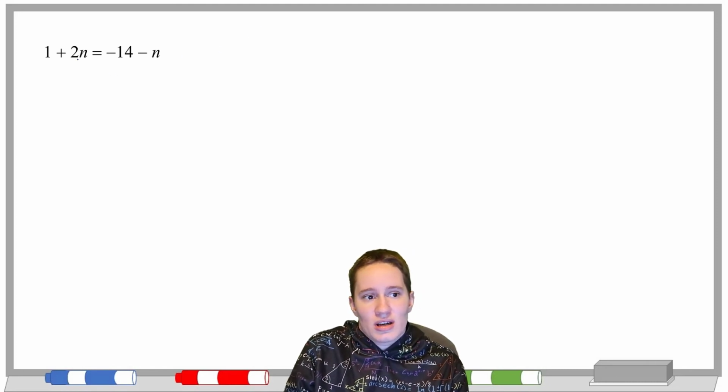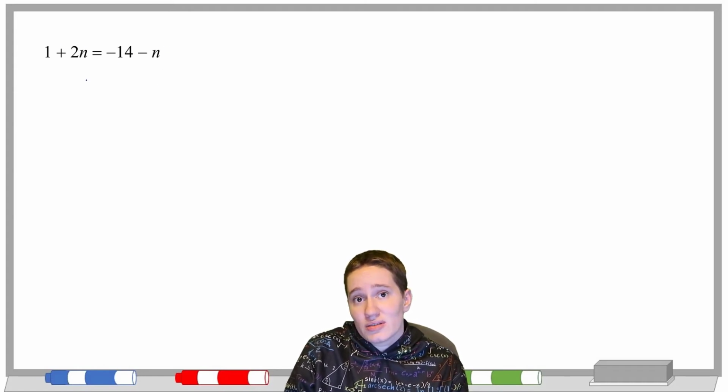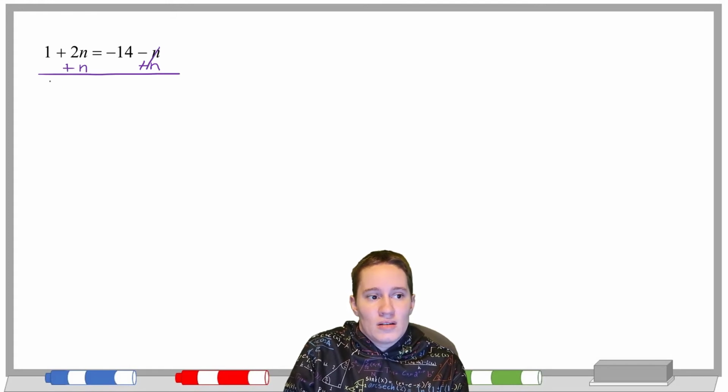It doesn't matter which way you move n, we generally will try to move it so that we get a positive answer instead of a negative answer, just because we like dealing with positives more than negatives. So that would mean that I would add n to both sides. So the 1 doesn't change. 2n plus n is like 2n plus 1n, which is 3n, and then the negative 14 is all that's left on the right side.